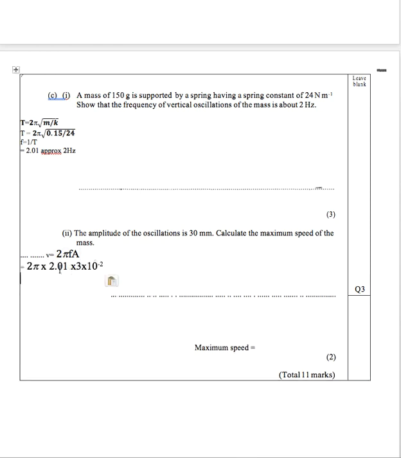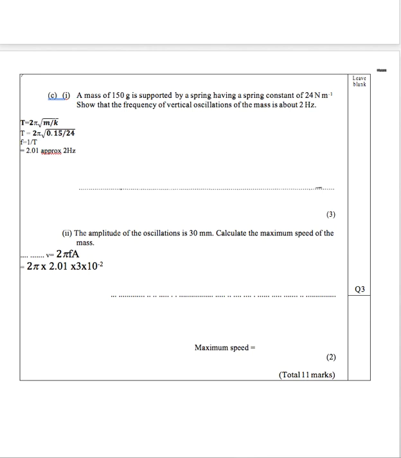I'm using the 2.01, but because it's 0.01, it's not going to make a difference to my answer to 2 sig figs. So I could have just used the 2 and ended up with the same answer. But it's good practice to use the greater sig fig result and to round at the end, because very often it will make a difference.